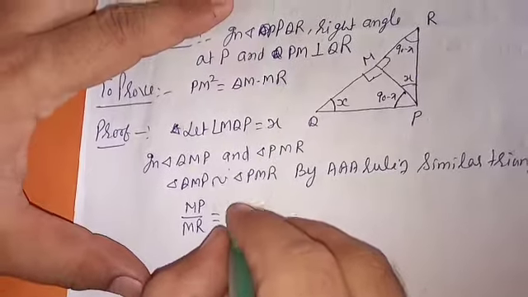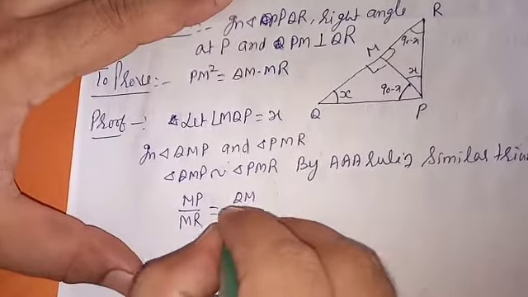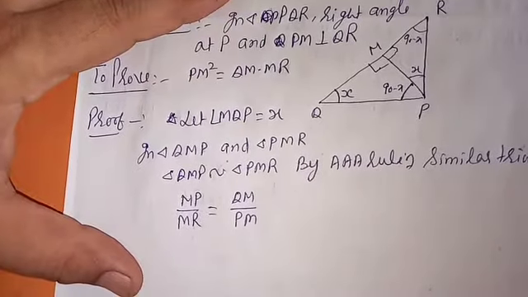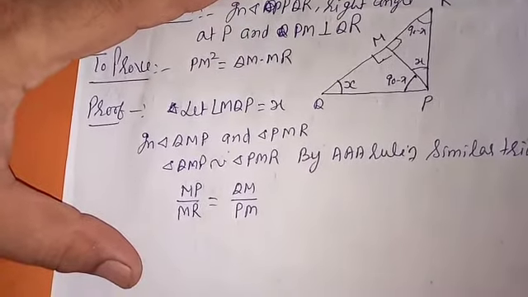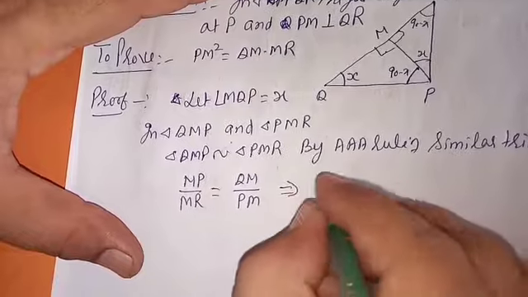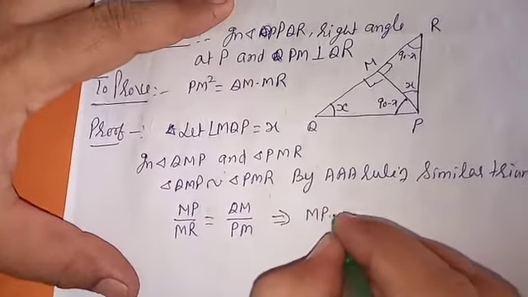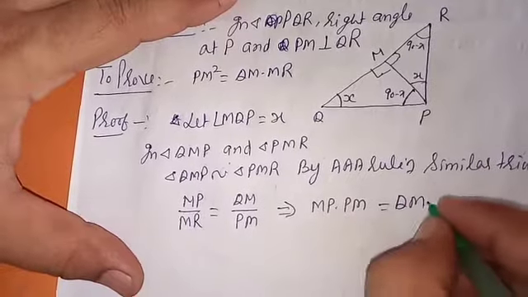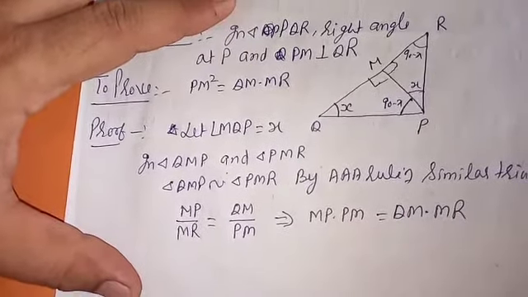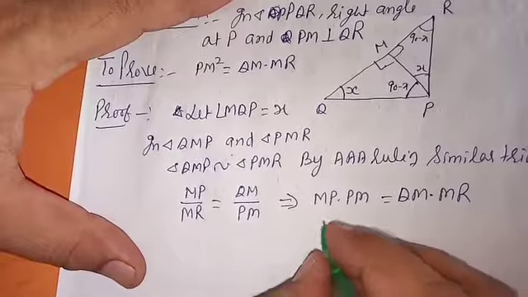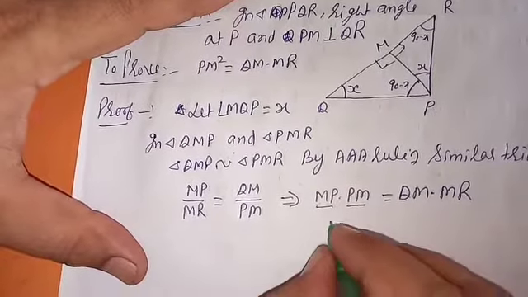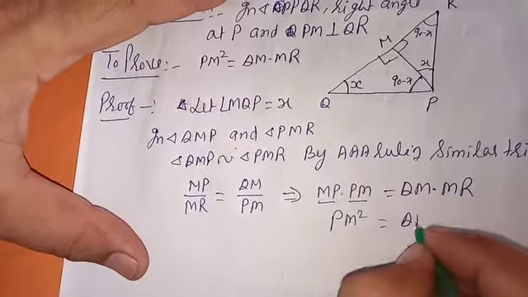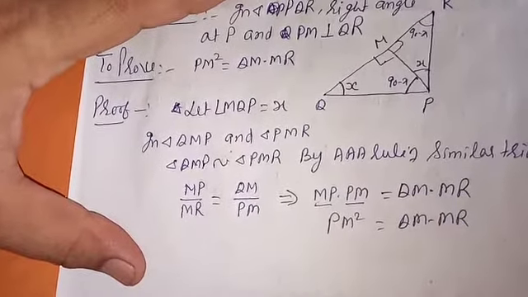QM by PM. Understood or not? This implies MP into PM, by cross multiplication, is equal to QM into MR. So these both are equal. So what you can say? PM square is equal to QM into MR. Hence the result.